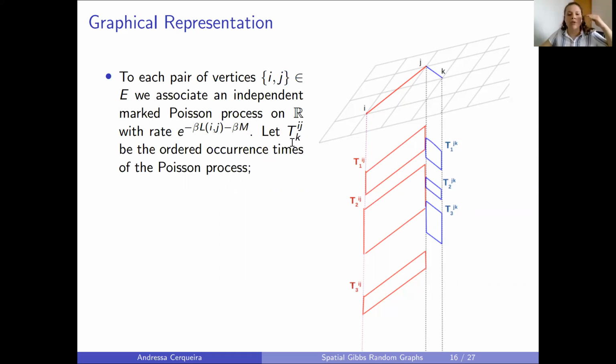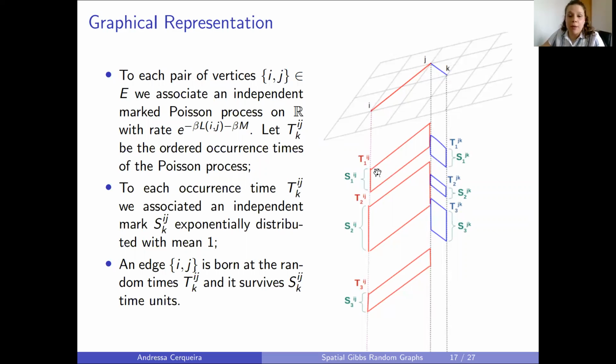Then I just order the occurrence times of this process. So here is the first time that vertices i and j try to be added in the graph, the second time, third time, and so on. It's not intuitive, but imagine that 0 is here, and we are growing like this to the positive. Here is not negative. The same thing for j and k. This is the first time that this edge tried to be born in the graph, and so on.